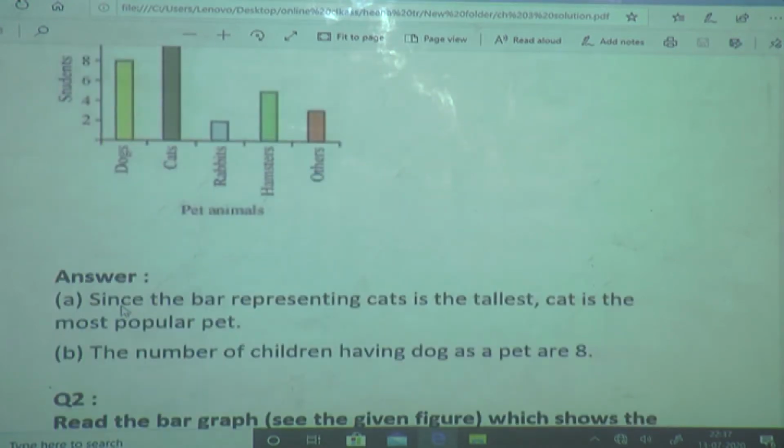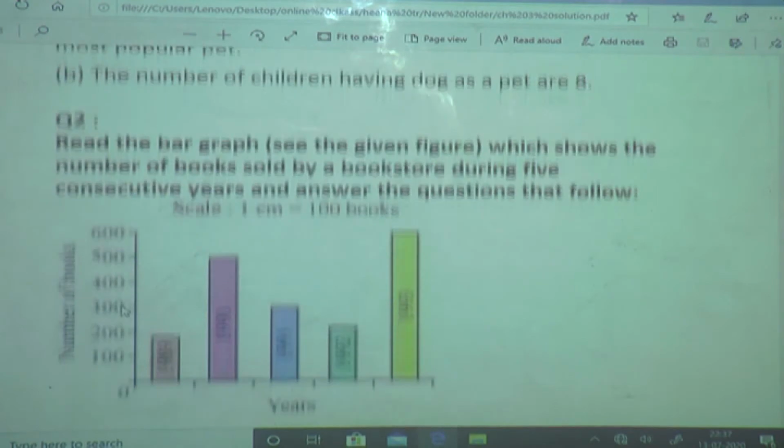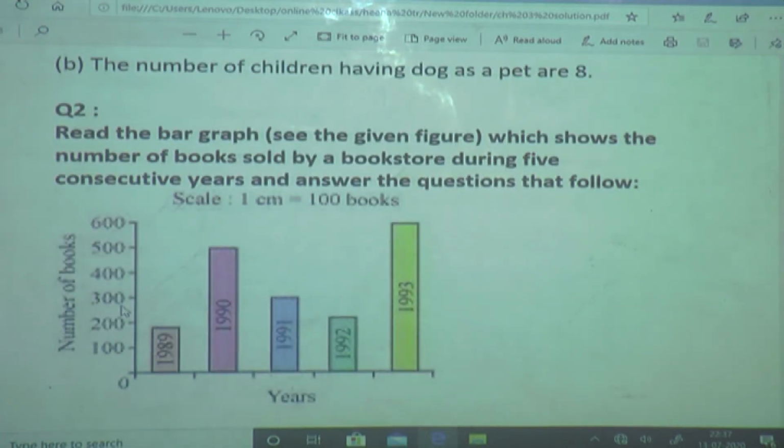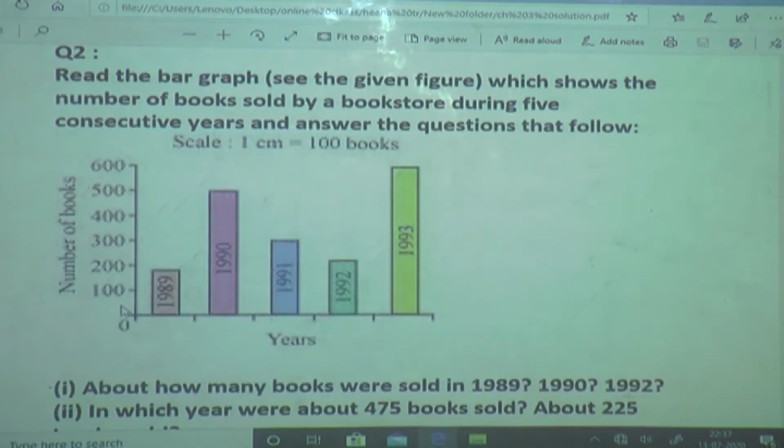Now we will see one more question, which we have already explained in detail. By seeing the graph you can find out the answer. Now here we have another graph with a different scale. Read the bar graph.